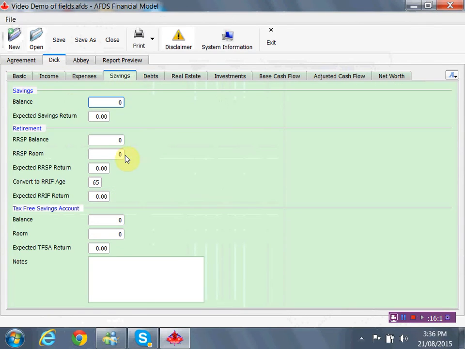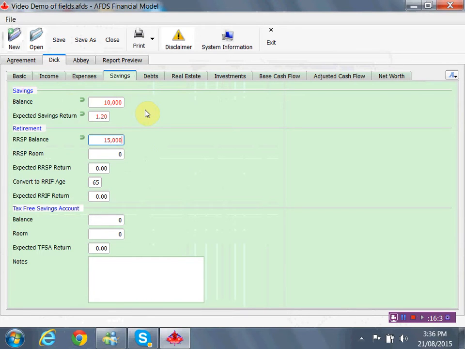And then if we look at savings, this shows you how many liquid assets they would have. This normally would be bank accounts or that sort of thing. The interest rate is not going to be very high right now, but you would put in whatever they might be earning. Then what's their RRSP balance?